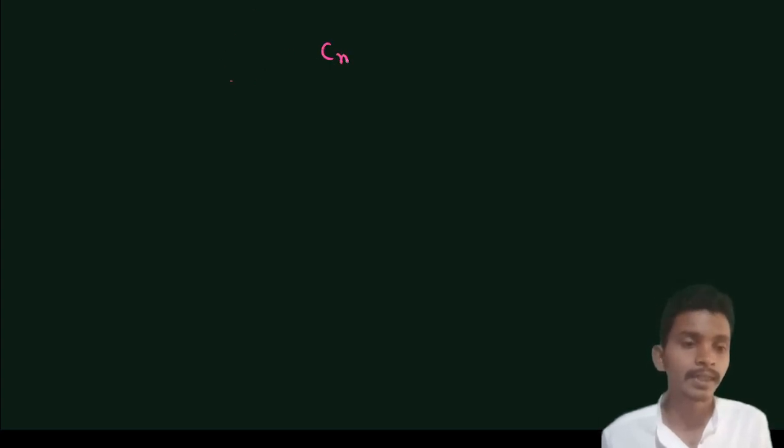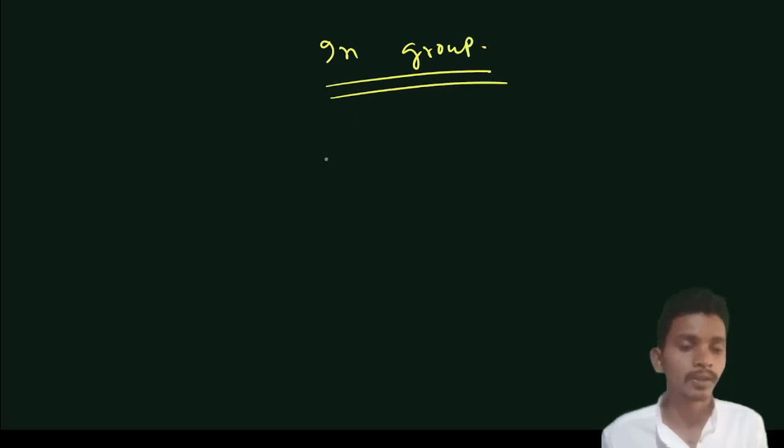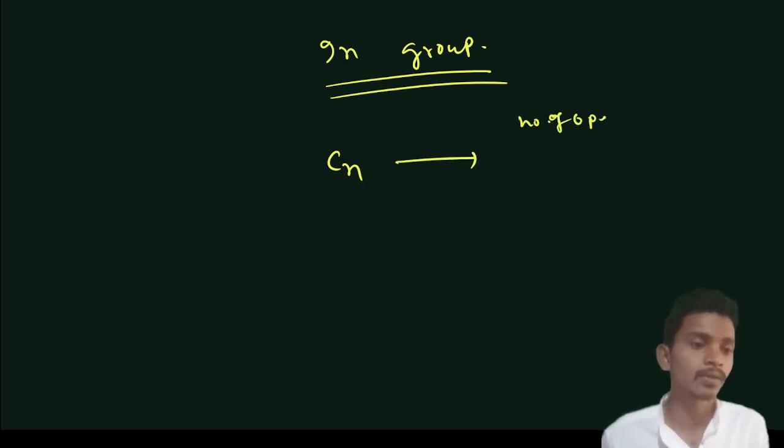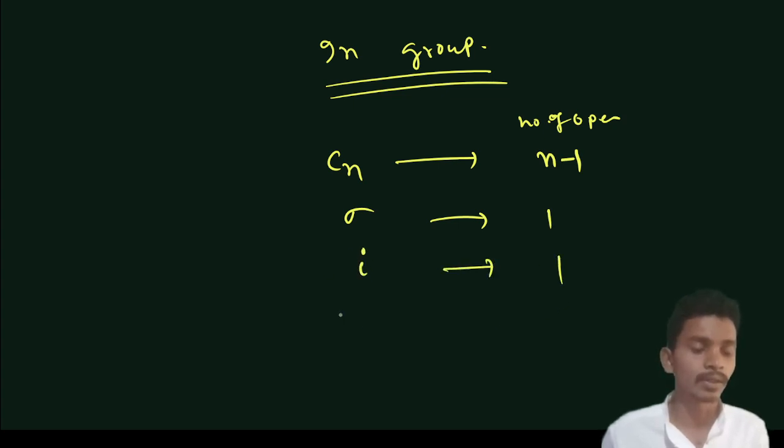So if you normalize it, then if any Cn axis is there in the group, the number of operations will be n minus 1, and for sigma it is 1, and if I is there, then 1.